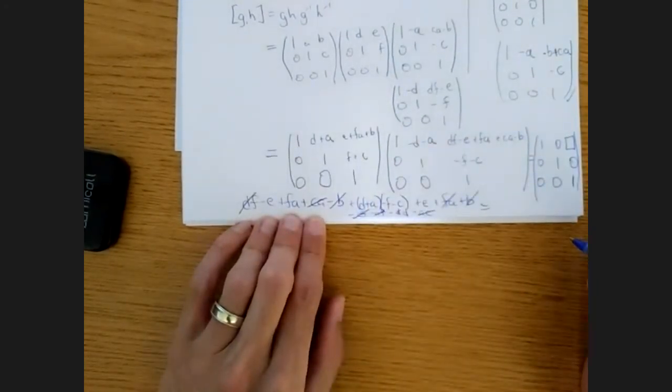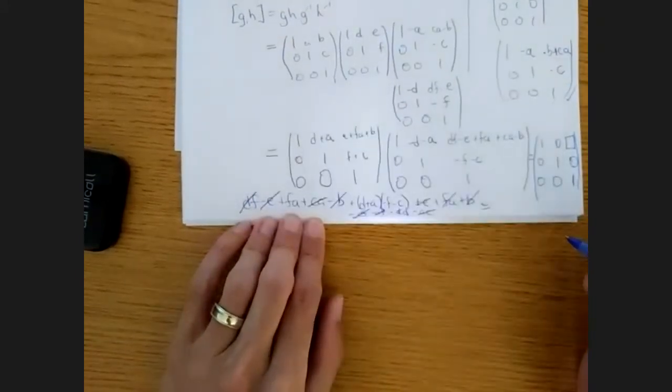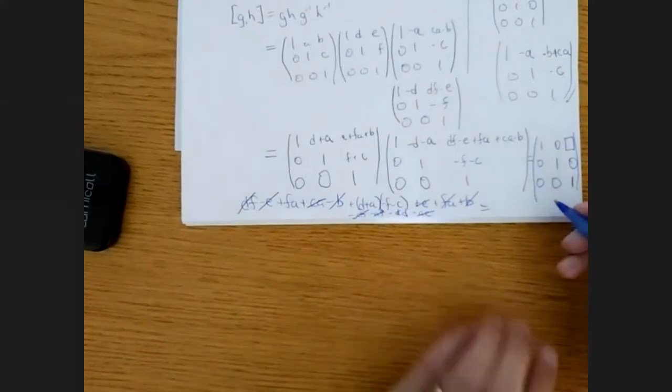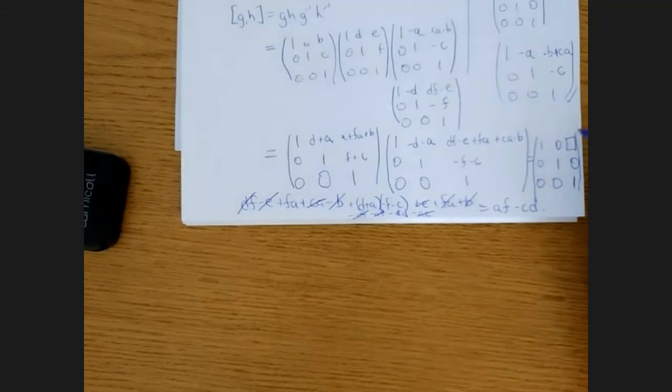And then you still have plus E and minus E. And what you're left with is AF minus CD. That is the only thing that is left. Okay, and everything else cancels, which is interesting. And that's what goes in here.